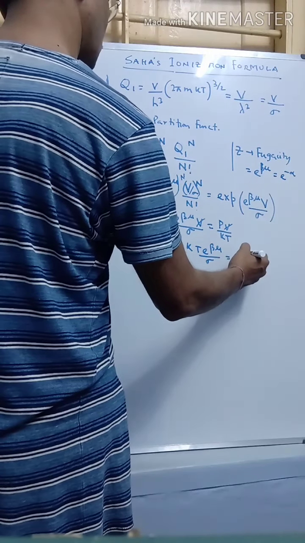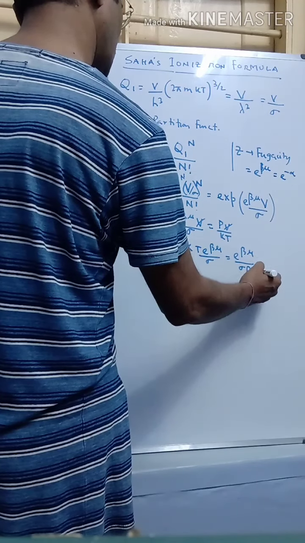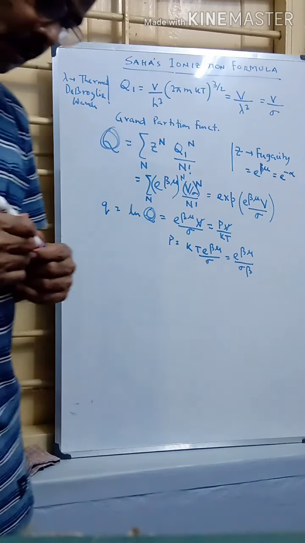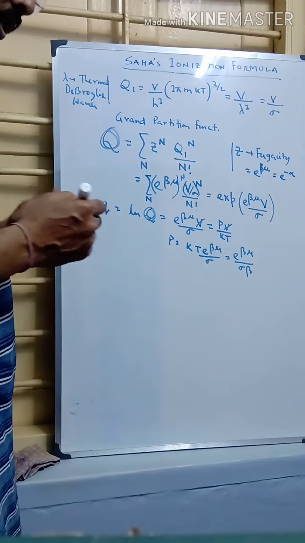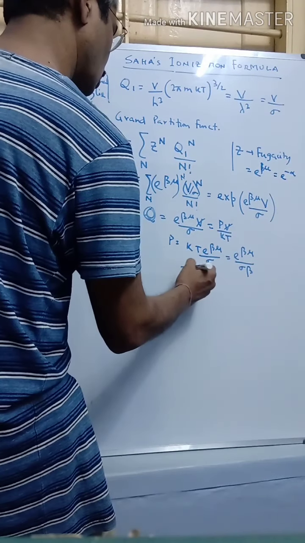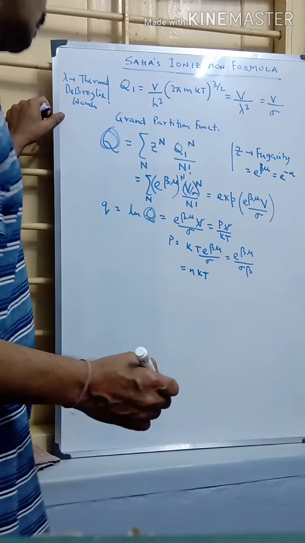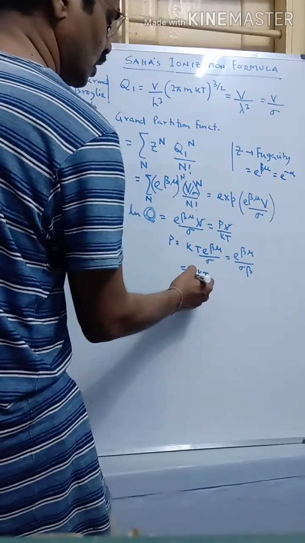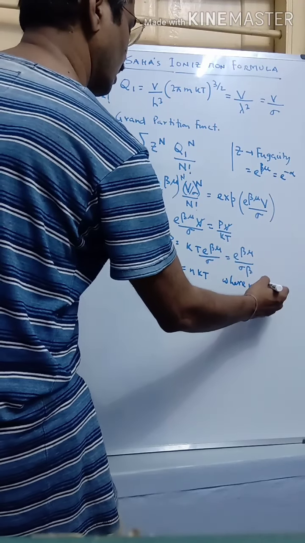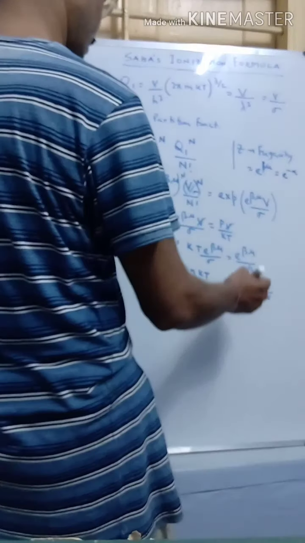Now we can write this to be equal to n kT, because we know the ideal gas equation, where n is the number density, the number per unit volume.